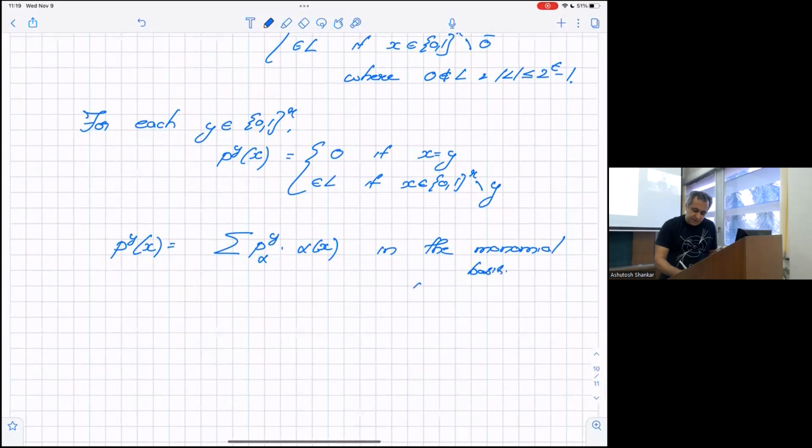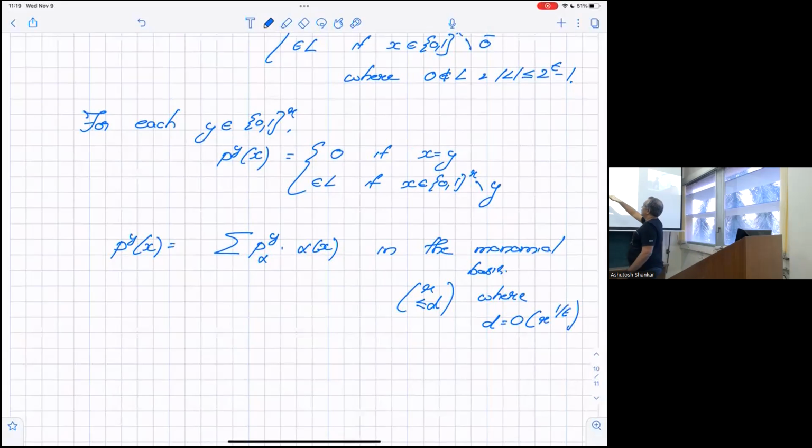It is exactly the basis of monomials of degree less than or equal to D, where D is some order r to the root of 1 over t. That's the monomial basis. Now I claim you do have exactly whatever we want. That is the matching. I will call alpha of x the u's.